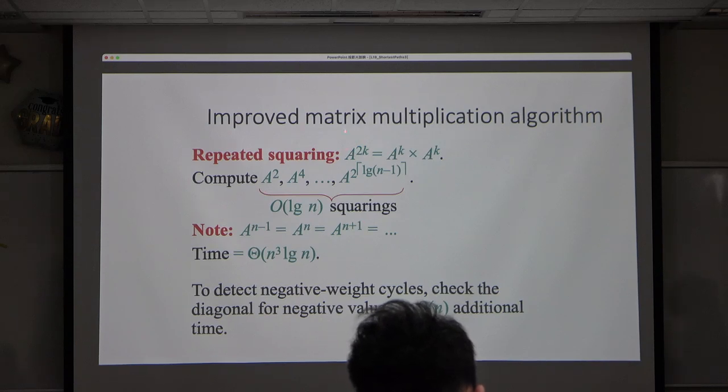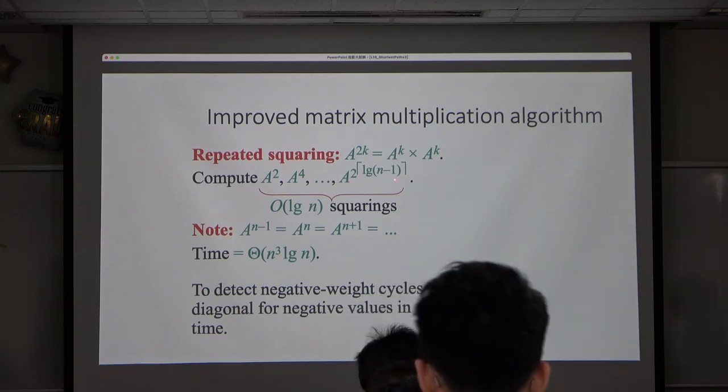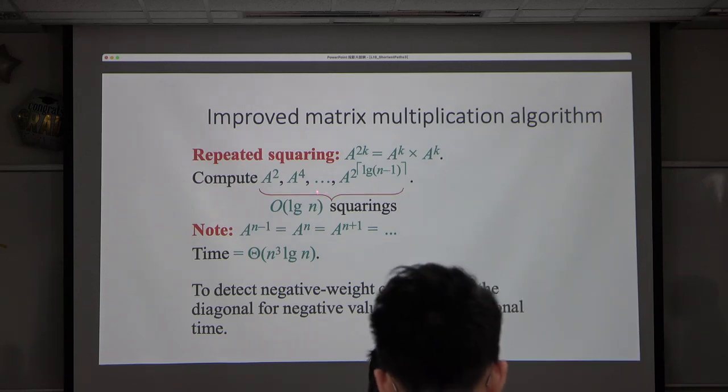Because we know a to the power of 2k is going to be a to the power of k times a to the power of k, right? So you can compute a squared, a to the power of 4, up to 2 to the power of log n minus 1, depending on what your n value is.